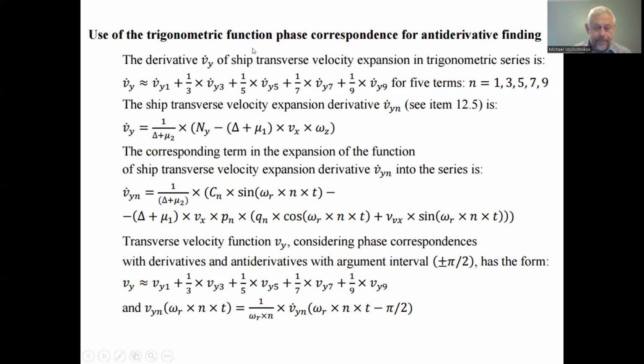So this is the expansion of the first derivative of the translational velocity along the transverse axis. That is the translational transverse acceleration of the ship on the water surface, the first derivative of the transverse velocity.